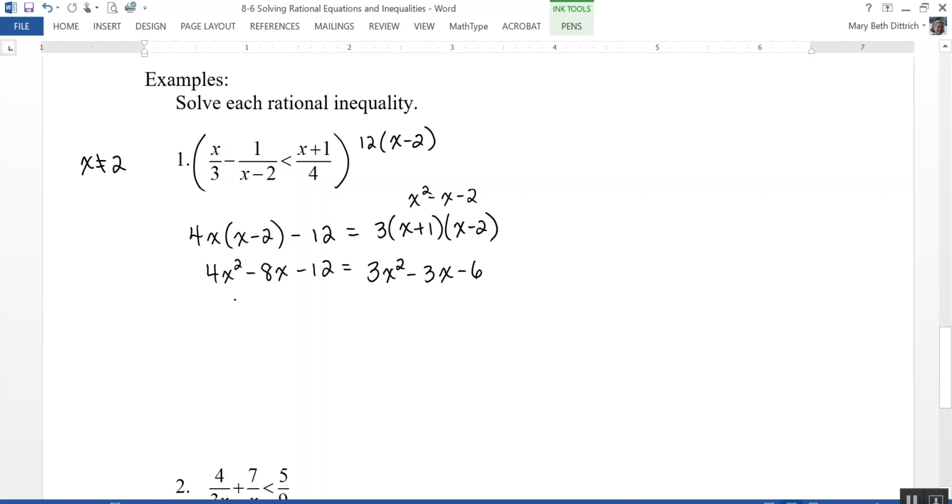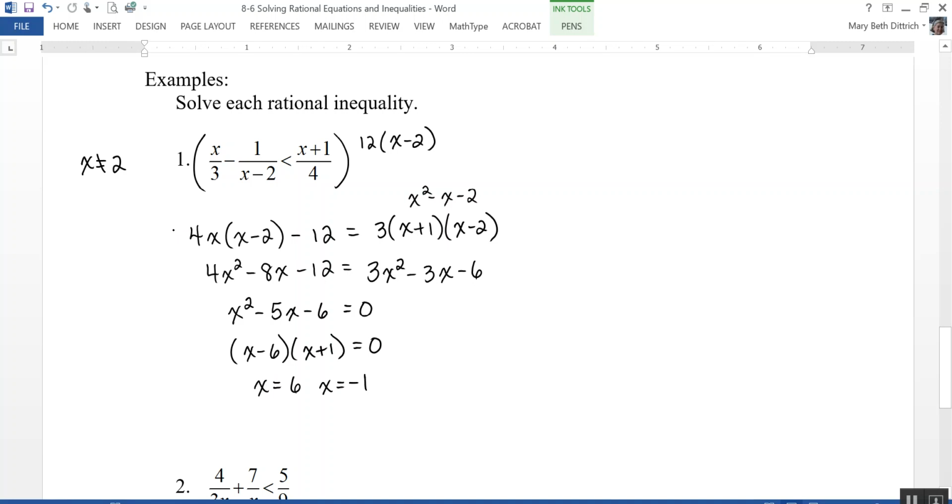When I subtract 3x squared on both sides, I get an x squared. Adding 3x, I get minus 5x. And then adding 6, I get a negative 6 equals 0. And that can be factored into x minus 6, x plus 1. So x is equal to 6, or x is equal to negative 1, and neither of those were my excluded value, so that's good.